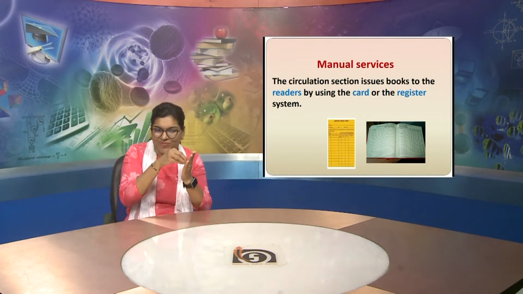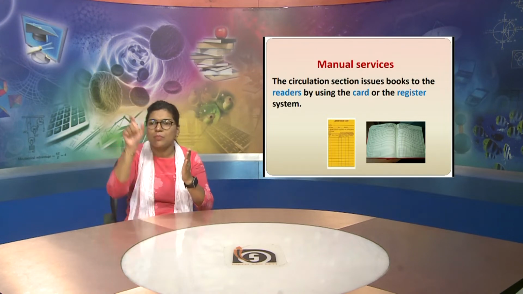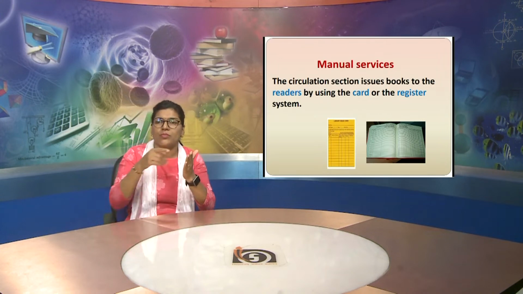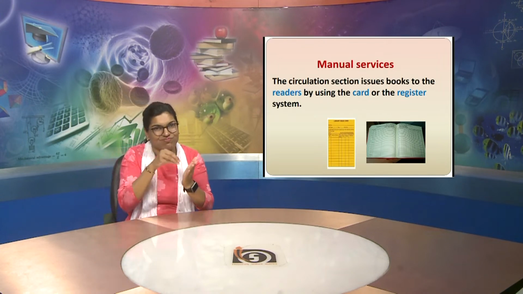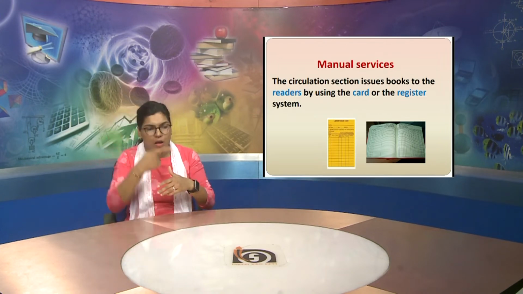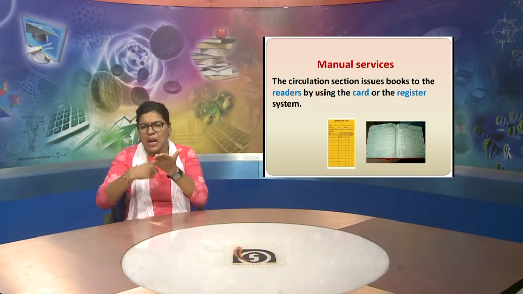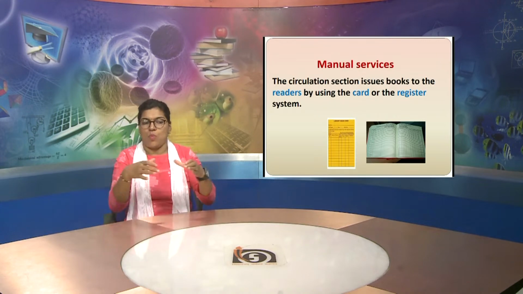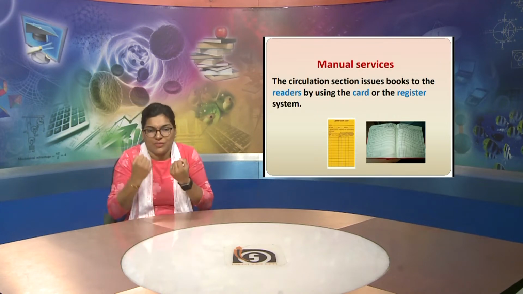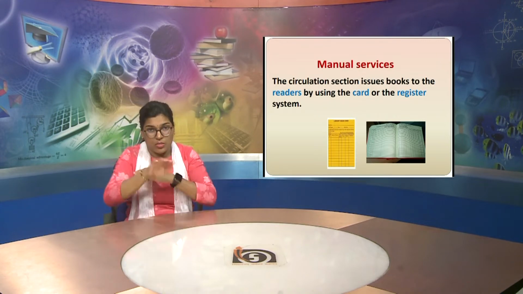This we do in the manual services system, in which we make all the entries by hand and keep a record in our register with the help of pen and paper. We call all these manual services.